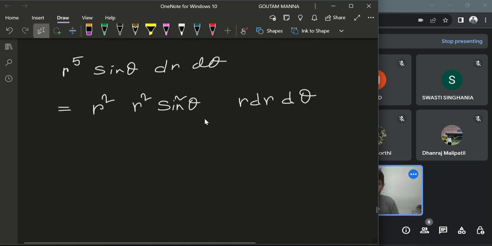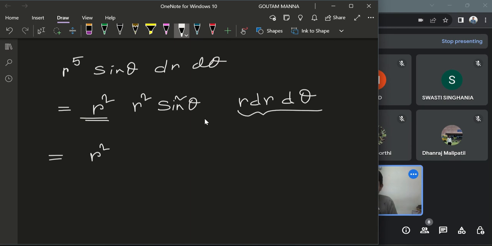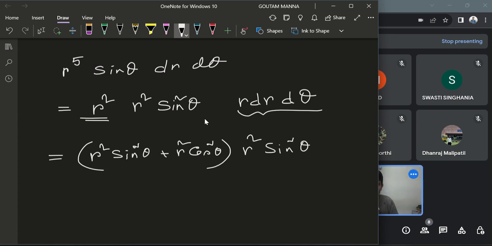Okay, this is the area element. So this r square I can write as r square sin square theta plus r square cos square theta times r square sine square theta, and this is the area element dA.